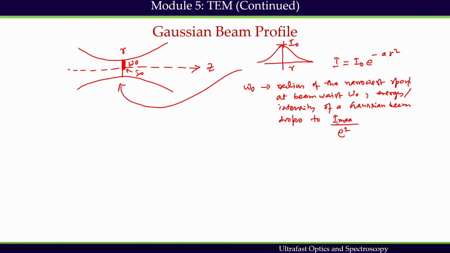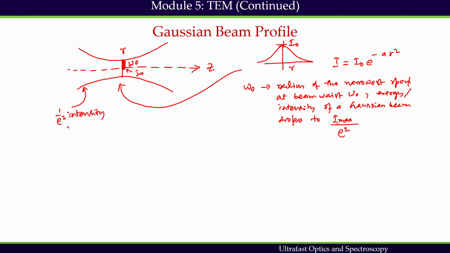So 1 by e square times I maximum value, that is the point I consider to be omega naught. Although we haven't defined this profile, what does this line mean? This line is nothing but 1 by e square.